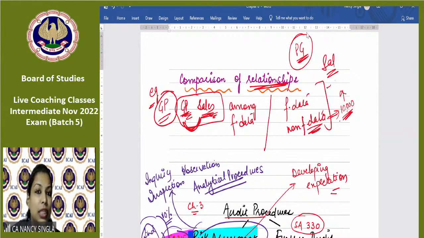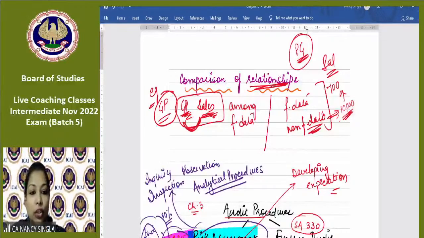So 10,000 is the rent, and the company has given on rent, let's say, 700 PG rooms. So auditor may perform a reasonableness test there: if 700 apartments are on rent, and 10,000 is the rent, then this much rent is reasonable. So comparison of what? Non-financial and financial data also. So is it clear?